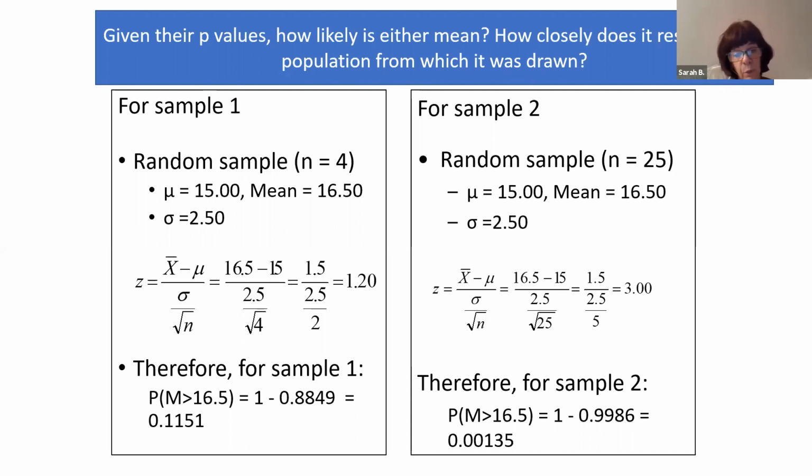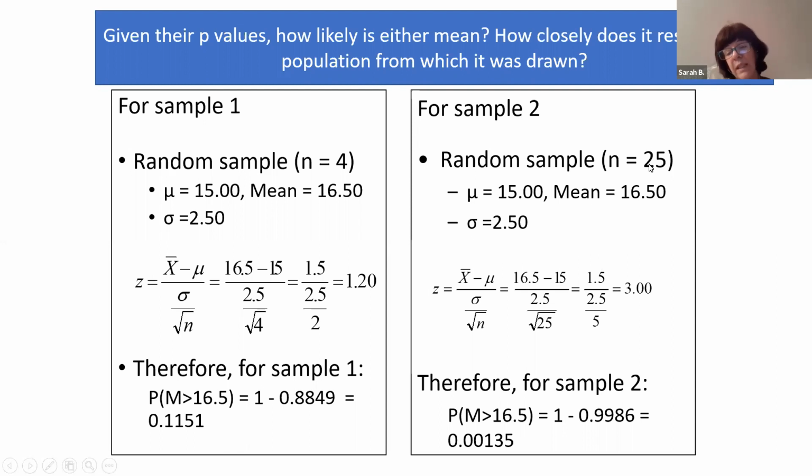So we say above or below. The probability you get something beyond that is about 0.1151. Is that likely? Is that unlikely? Think of that as a score at the 88th percentile. It's a little bit unlikely, but it's B plus. It's not out of this world.